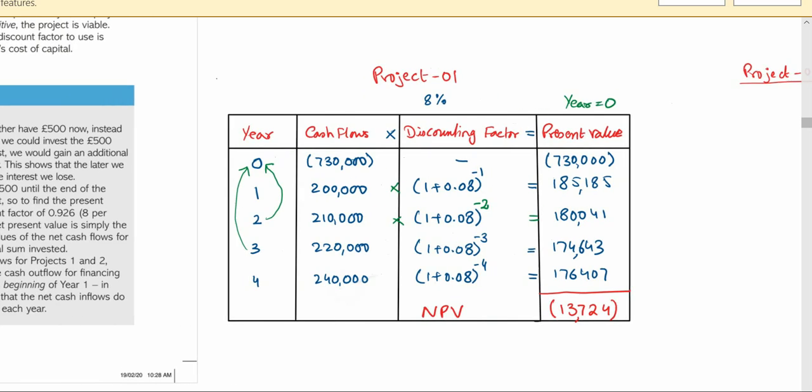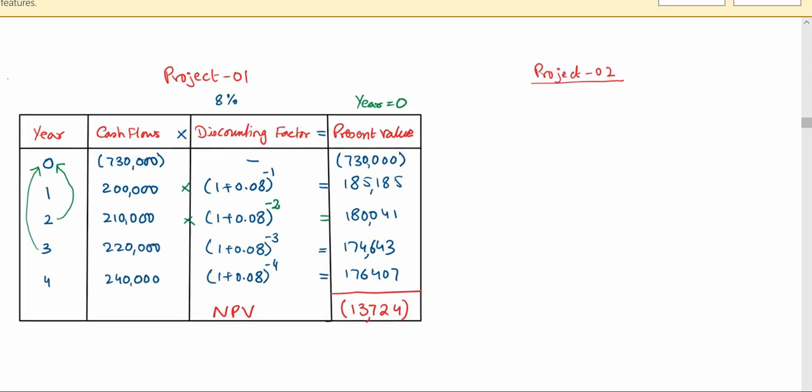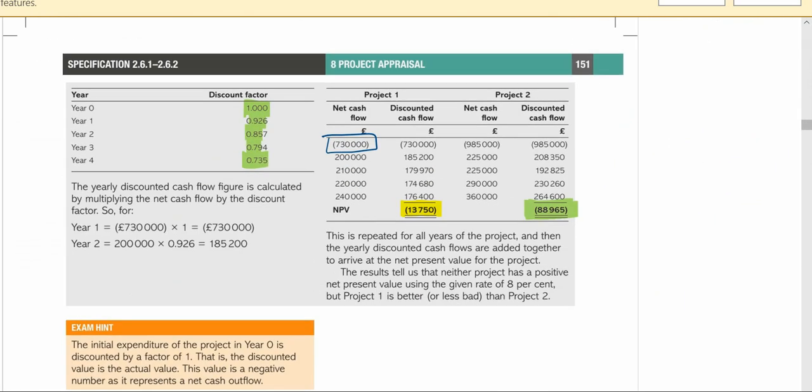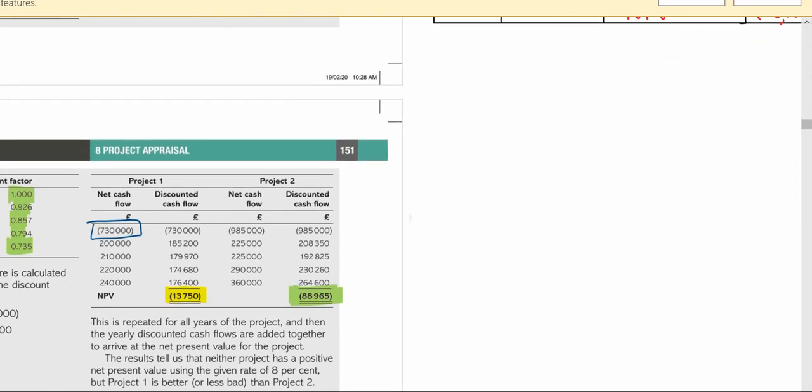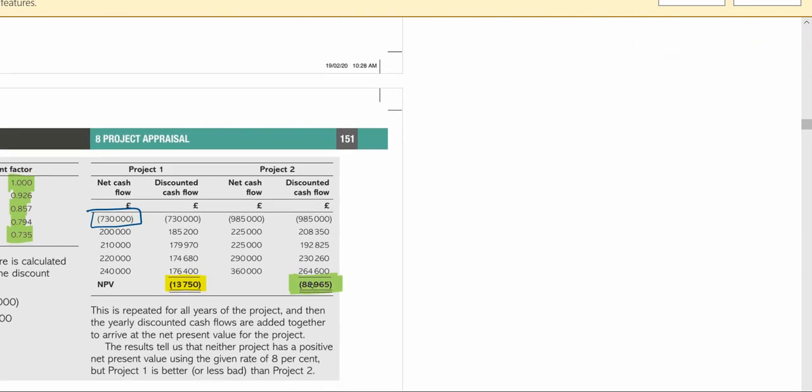Any problem in this? So for example, if the project 2 net present value is 88965 and project 1 is 13750, as per the NPV both projects are not favorable.